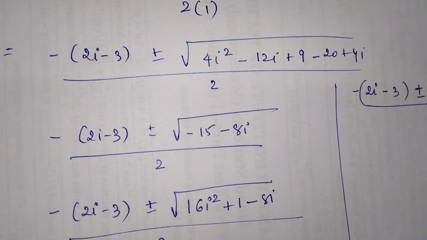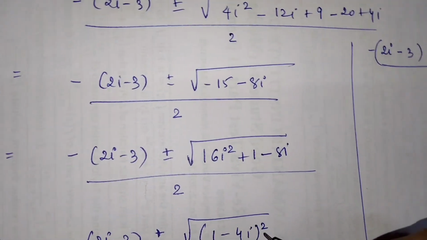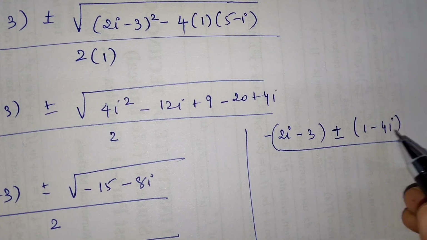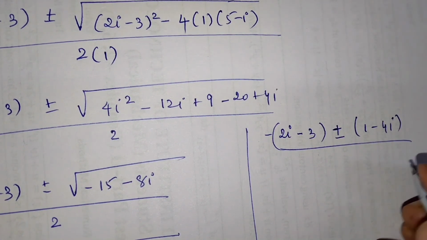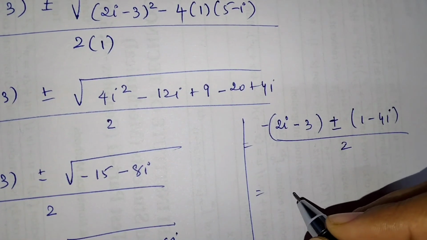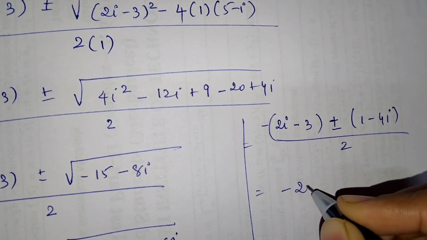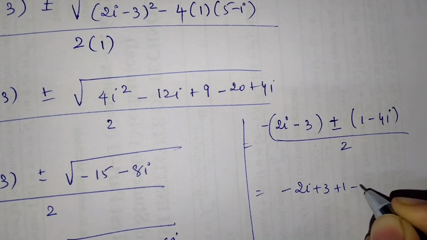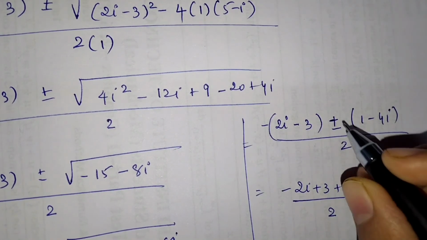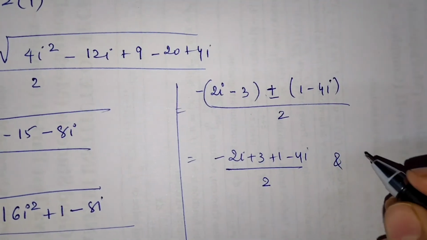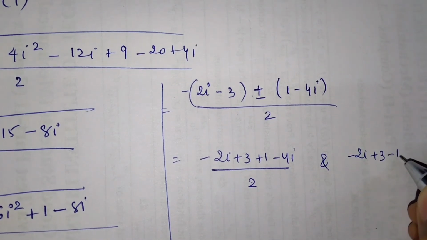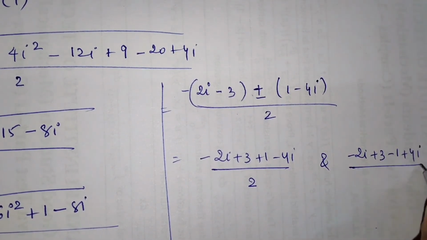You can rewrite this equation so that this square and this under root get cancelled, and you get 1 minus 4i divided by 2. So that is equivalent to minus 2i plus 3 plus 1 minus 4i by 2. As both signs are there, we will get both equations, that is minus 2i plus 3 minus 1 plus 4i by 2.